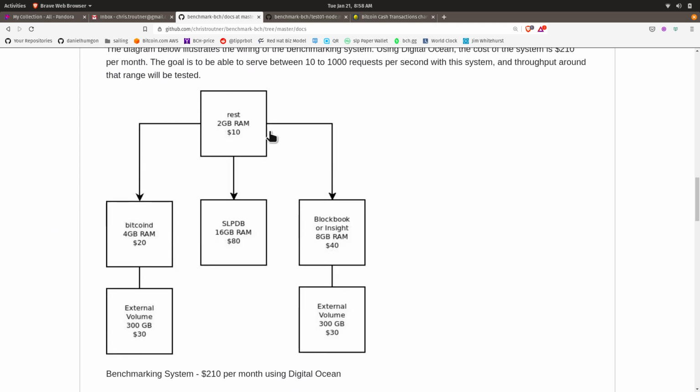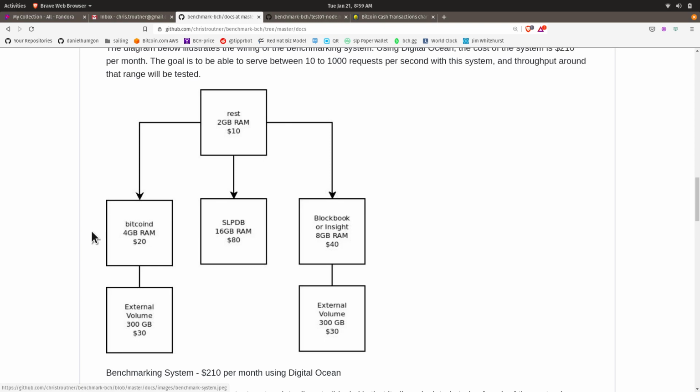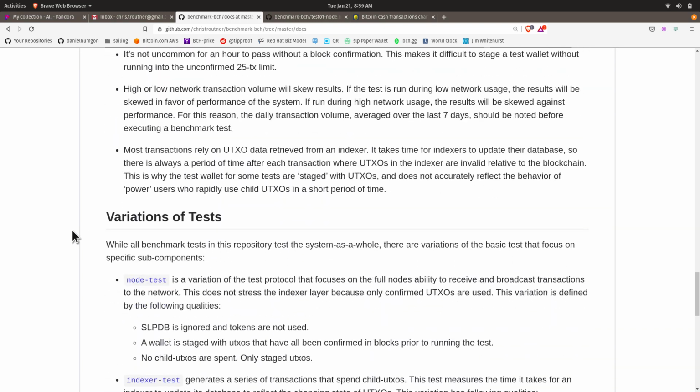This is a diagram of the system, so ignore this SLPDB block. This is not going to be involved in the test today. If you scroll down, you can see the different types of tests.